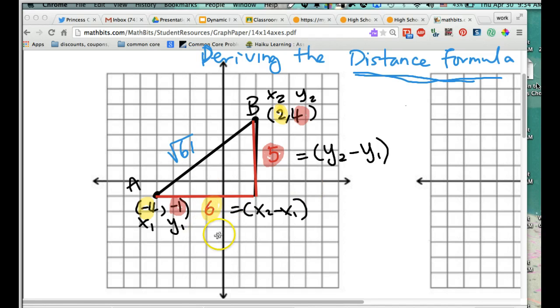Okay, so what we're going to do right now is, instead of using numbers, I'm going to use the letters. So the leg squared, 6 squared is the same as what? X sub 2 minus x sub 1 squared, right? Because that's 6 squared. Plus, I have to square the 5, right? So this is what? Y sub 2 minus y sub 1. And I'm going to square that.